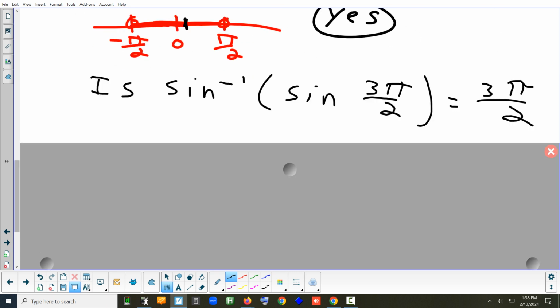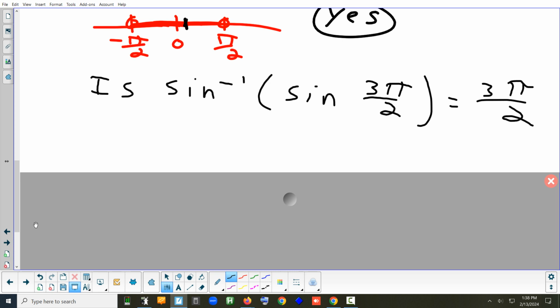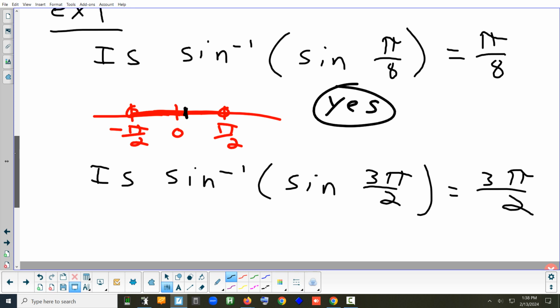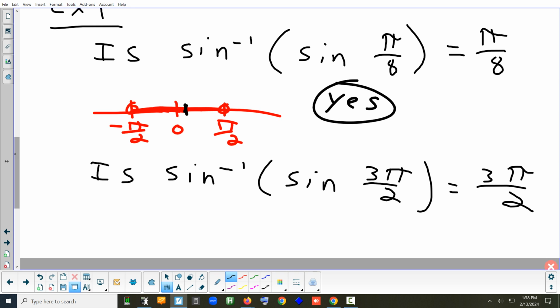How about, let's look at this one. The inverse sine of the sine of 3 pi over 2. Well, inverse is on the outside, so it's the same picture. We've got to be between -pi over 2 and pi over 2. Where's 3 pi over 2? Outside of it. Which way? Is it smaller than -pi over 2 or bigger than that?